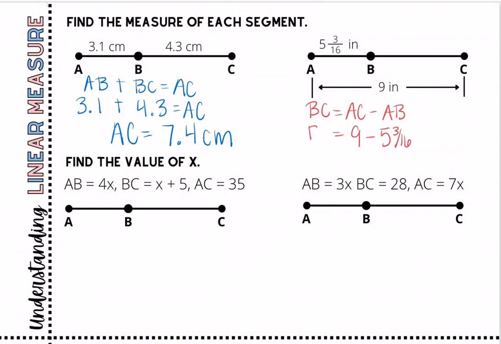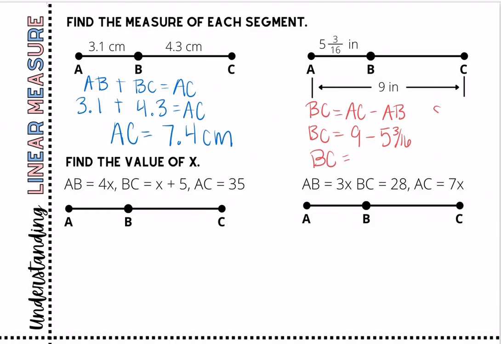I know some of you are panicking because there's a fraction, and oh my gosh, fractions are the worst. But it's not anything crazy. We're just going to rewrite 9. 9 is 8 plus 1, and the 1 can be rewritten as a fraction.